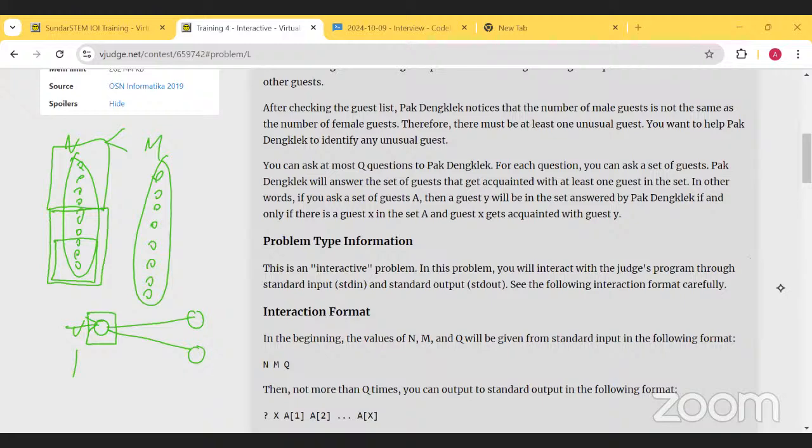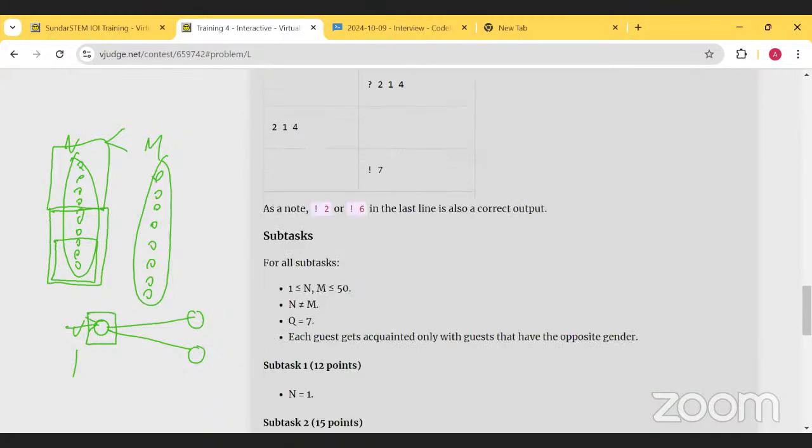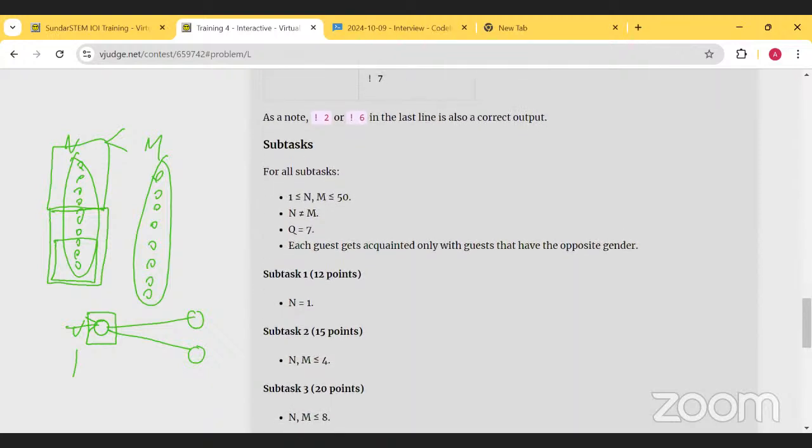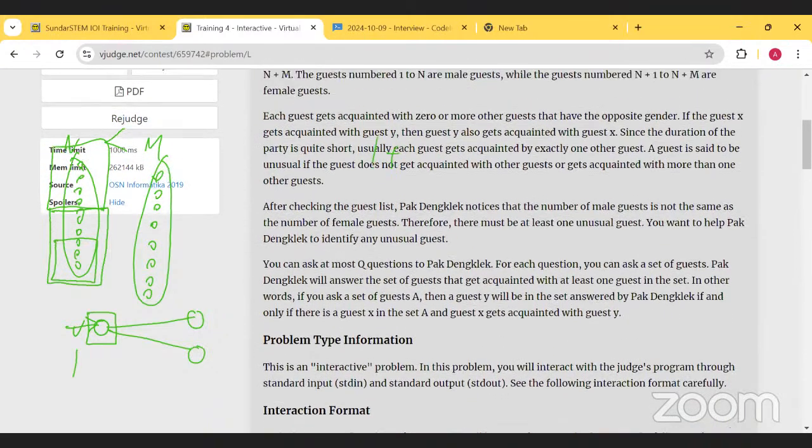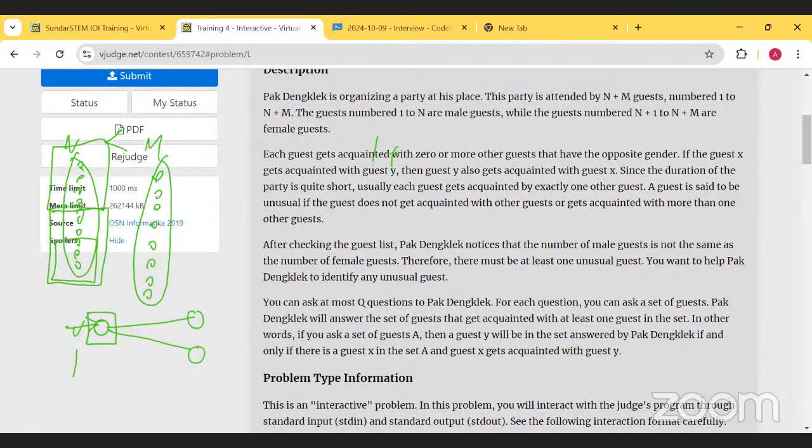So the total complexity is logarithmic n plus one, because at first we query all the men. Yes, of course, there can be a man not paired with anyone, but if there is more than one unusual case, we may output any of them, right?